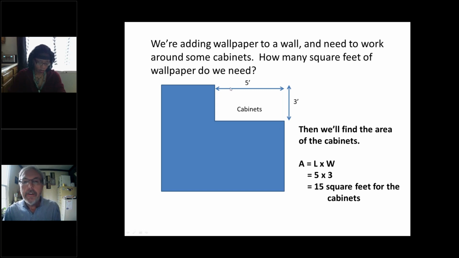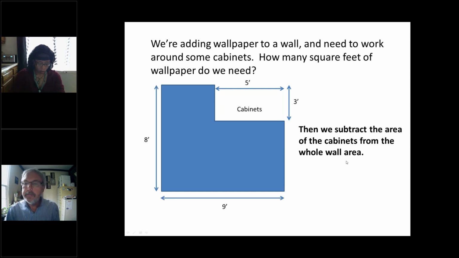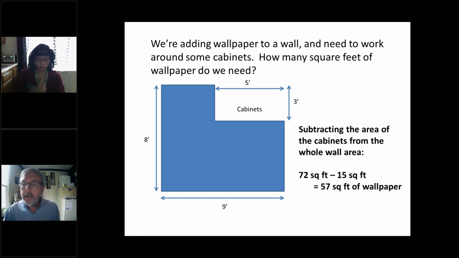Okay? So we can take the whole big area and subtract off the area of the cabinets. So that's what we'll do now. So it'd be 67 square feet. Oh.